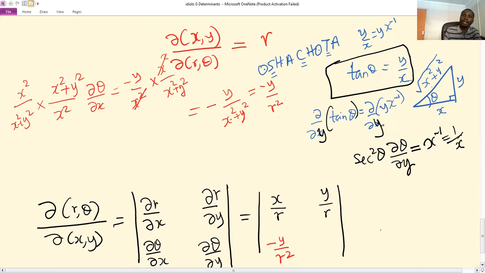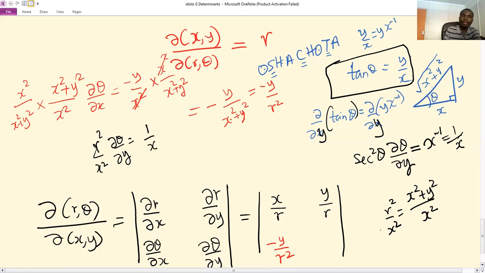So sec squared theta, as we have done, is the same as x squared plus y squared over x squared, which is the same thing as r squared over x squared. So r squared over x squared partial theta partial y will be given by 1 over x.